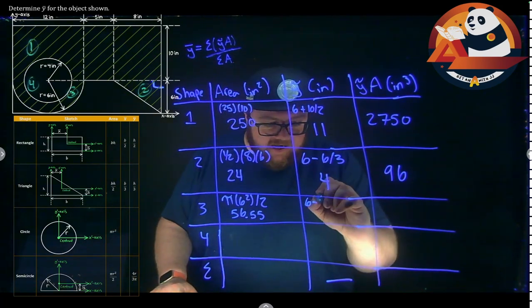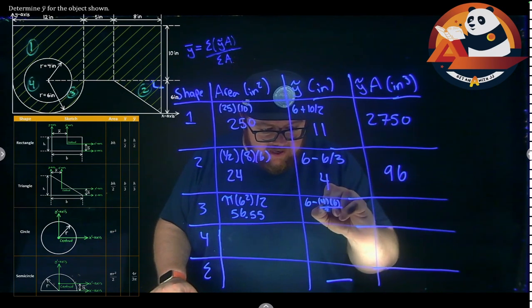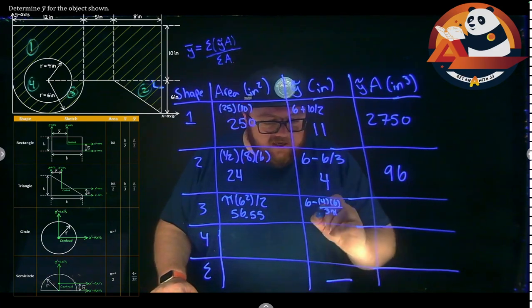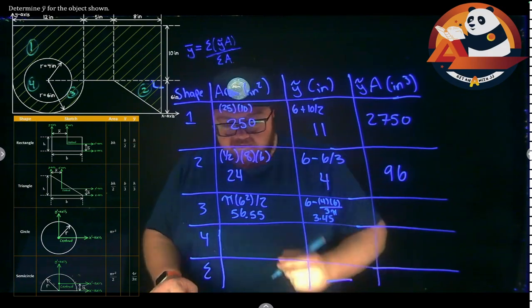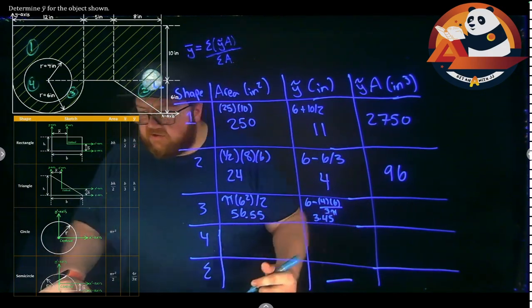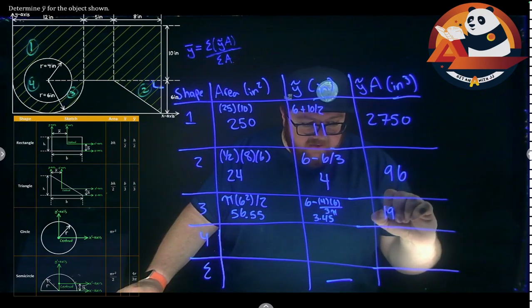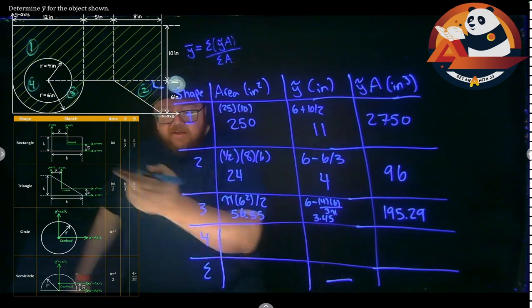So 6 minus 4 times the radius, 6, over 3 pi. Or this is 3.45. 56.55 times 3.45 gets us 195.29. And one last piece for us to get.